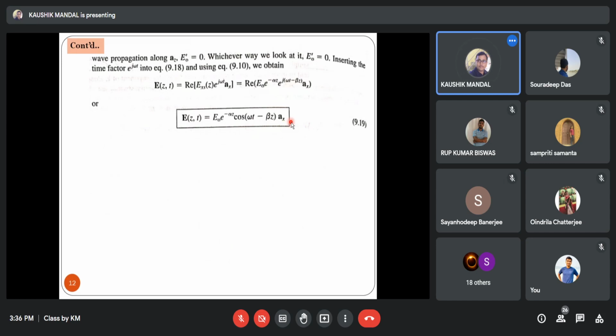That was the expression of the electric field in a particular medium that we started with in the second slide.